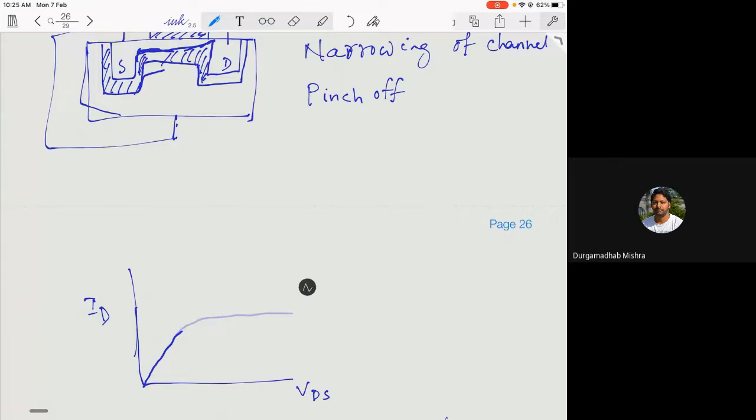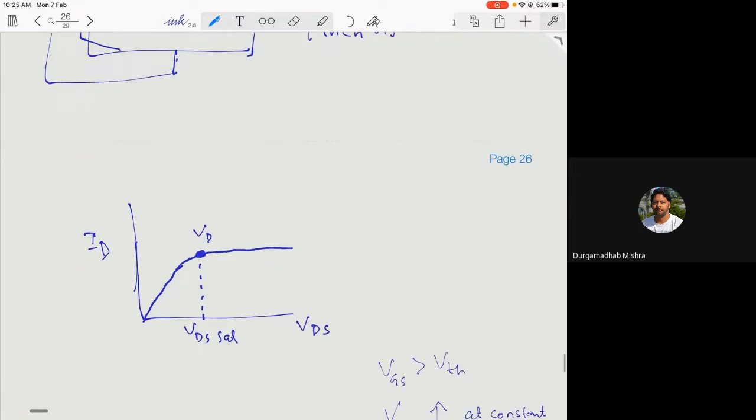Somewhere here is VDS saturation, and this is your IDS. So the drain current will also saturate, and beyond this VDS, if you further increase VDS beyond this pinch off, here what you have is a pinch off.